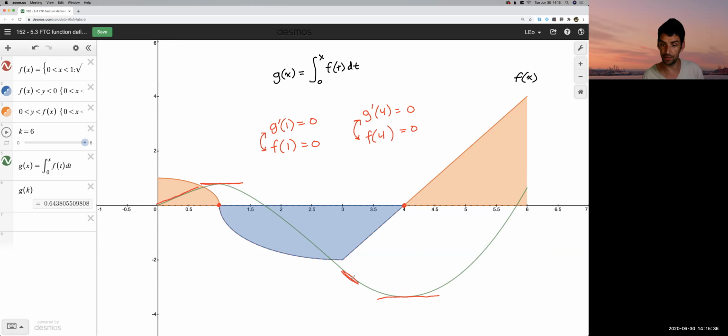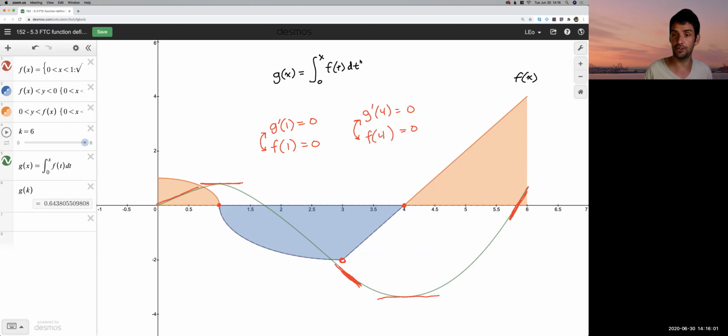This appears to be some of the steepest part of the graph, is also where we have the most extremely negative values of f. And same thing over here, this appears to be the steepest part of the graph of G, and it's also where f has the highest values, right? Those are the same correspondences we get between a function and its derivative.